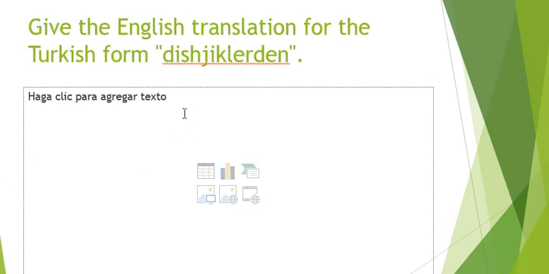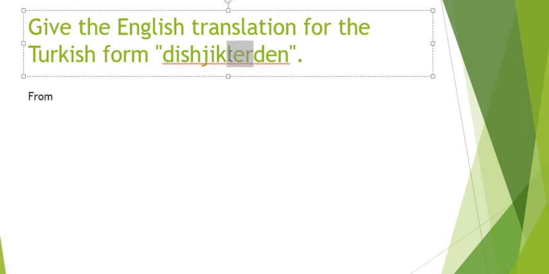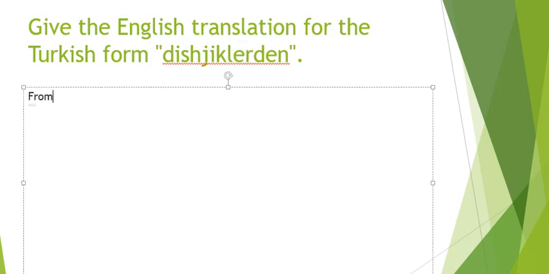So den in Turkish means from. Okay, so the expression is dişciklerden. So we are going to write first from. And what is cik? Or what is ler? Ler represents plurality, right? But we cannot pluralize anything here because we don't have the noun. Only nouns are pluralized, okay? Cik, little. Cik is little.